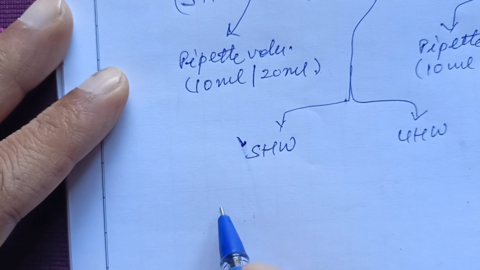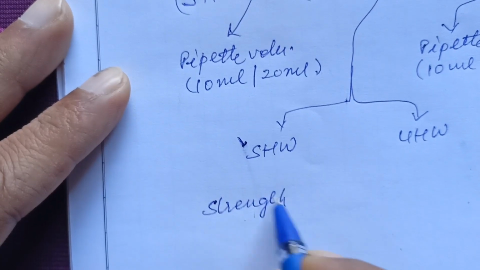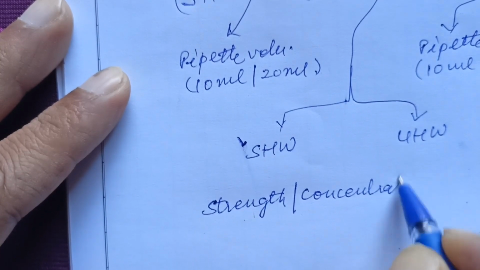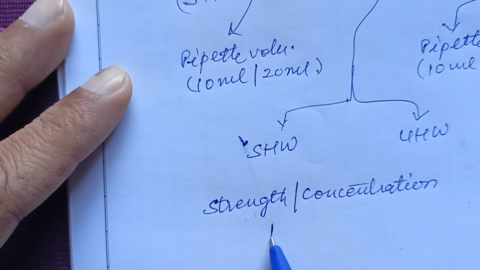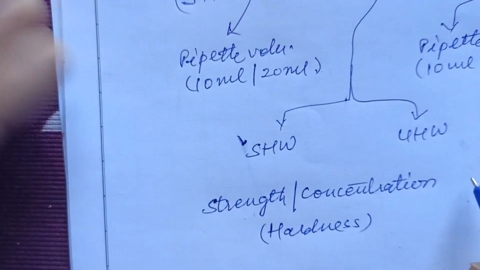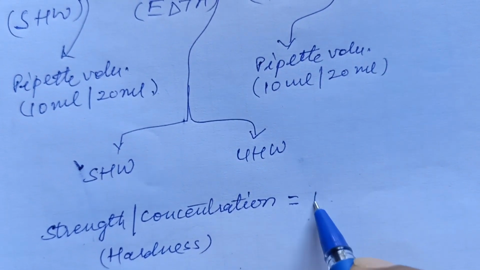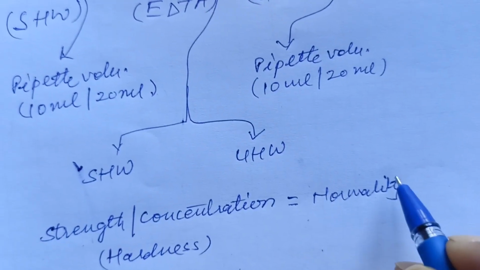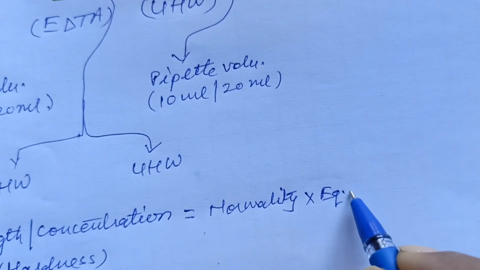This formula is strength or concentration, or in this particular case hardness, is equal to normality multiplied by equivalent weight.